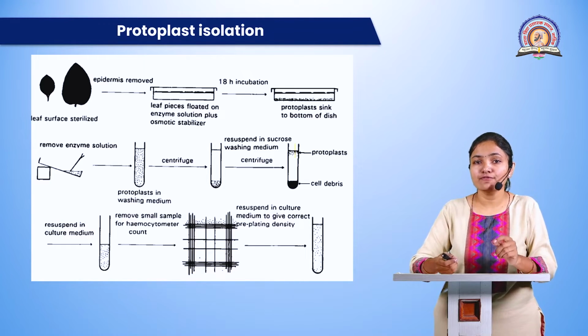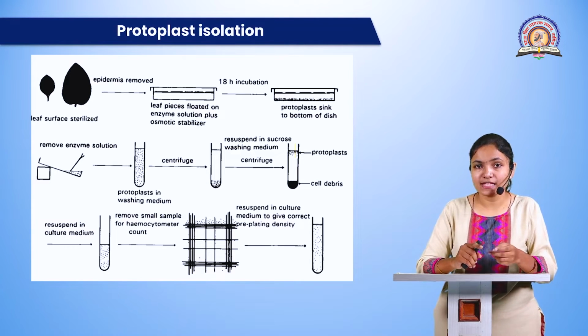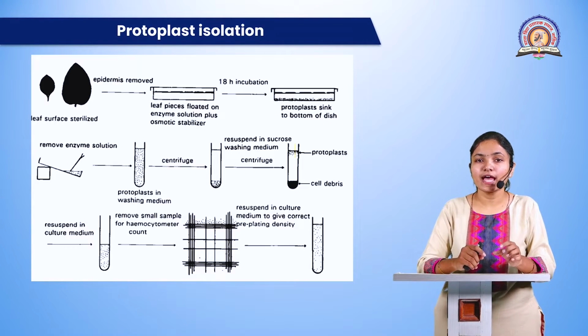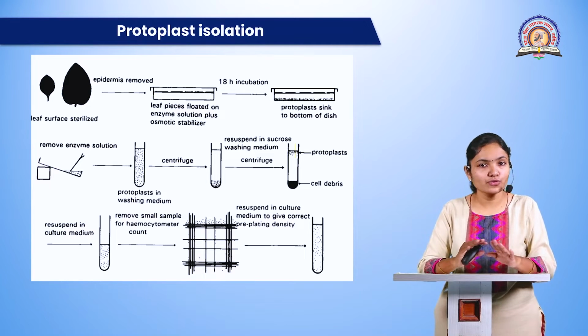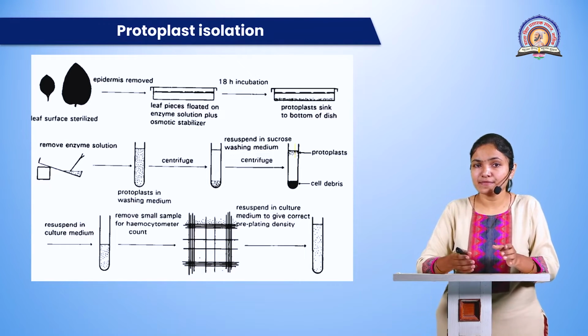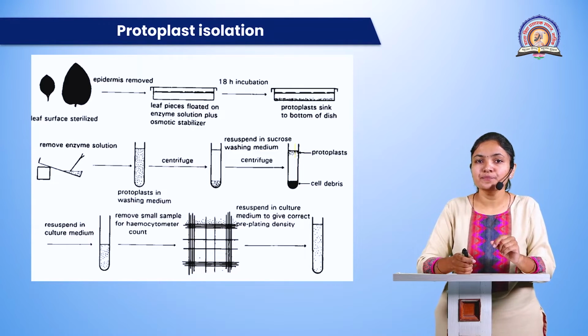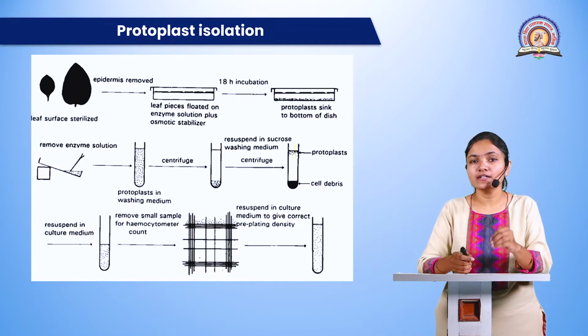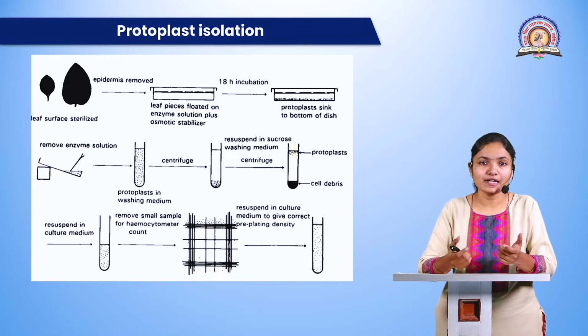Now here they have used the second method, which is a mixed enzymatic method. In the mixed enzymatic method, it is very simple: both the enzymes, cellulase as well as pectinase, we have to keep together. There will be no sequential application. So both the enzymes are present in the same solution, within which we add the epidermis of the plant leaf.